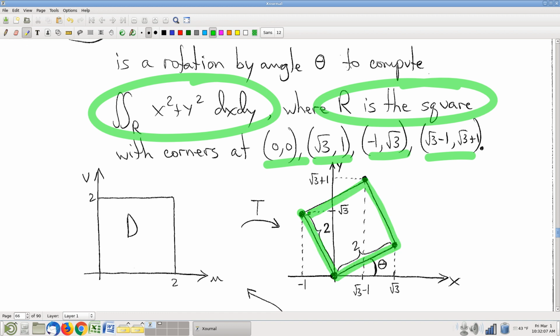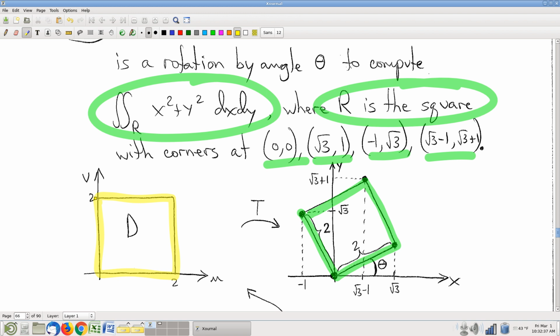The observation to make here is that this rectangle is a rotation of this rectangle, which I like much better. Don't we? Everyone loves that rectangle a lot better. It's all lined up with the axes, 0 to 2, 0 to 2, super nice bounds. Fantastic. Can I think of some function that will turn that yellow square into this green square?